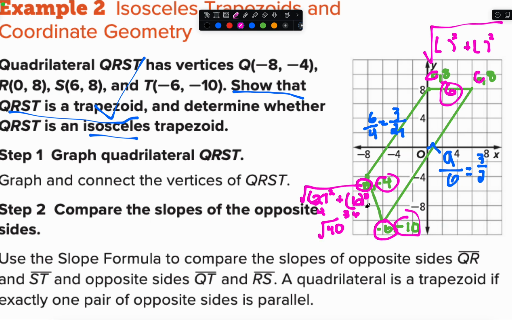The square root of 40 is not exactly 6. So that means that this length right here will not be the same as this one. So yes, he's a trapezoid. Check, we checked that one. But he's not an isosceles trapezoid. Those two sides are not the same. Not isosceles.